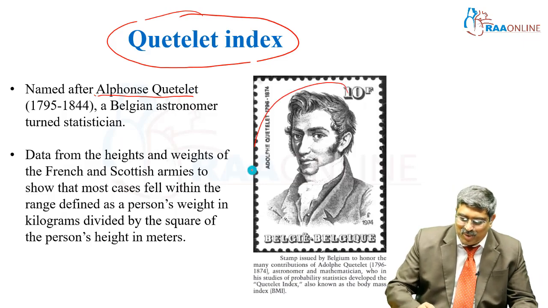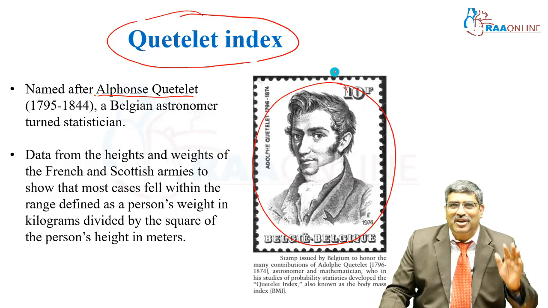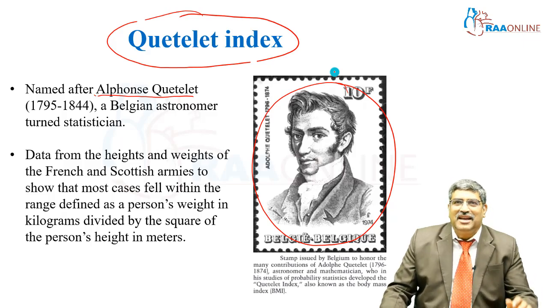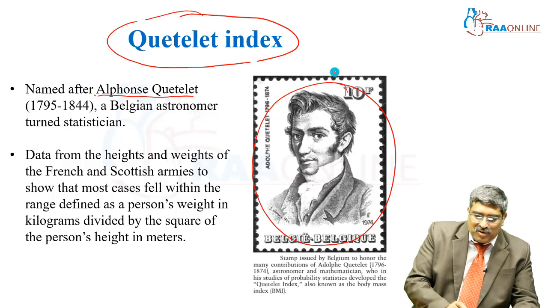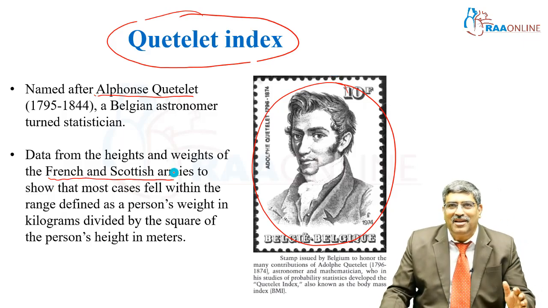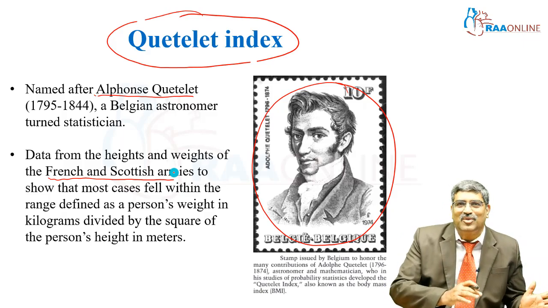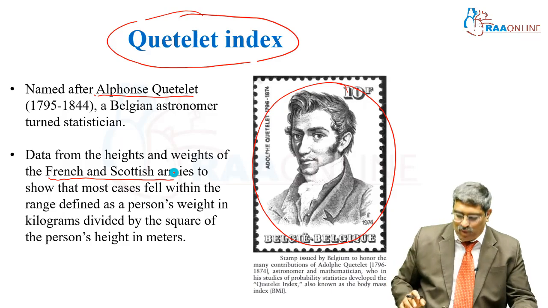This was a stamp released by the Belgian government in honor of the Quetelet index. He actually devised this to see whether the French and the Scottish army people lie within the normal range. Later this index was used to classify obesity.